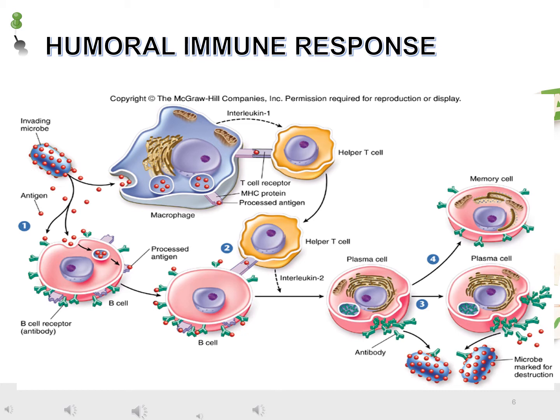Number 3. The activated B cell then proliferates or divides mitotically, producing memory B cells and plasma cells. Plasma cell secretes antibodies. Number 4. Memory B cells are long-lived cells that can give rise to effector cells if the same antigen is encountered later in life.